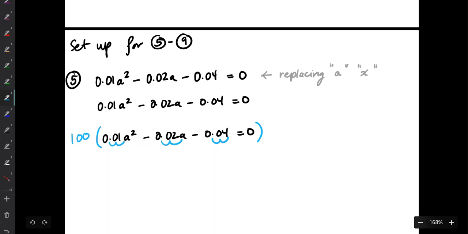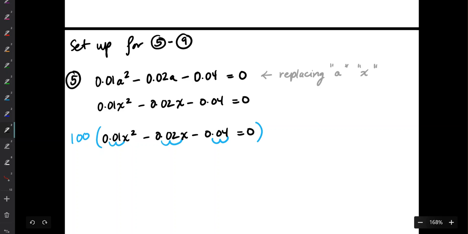Feel free to use a calculator. Oh, and I said I was going to replace all these a's with x's, and then I didn't. I apologize. That's entirely optional.